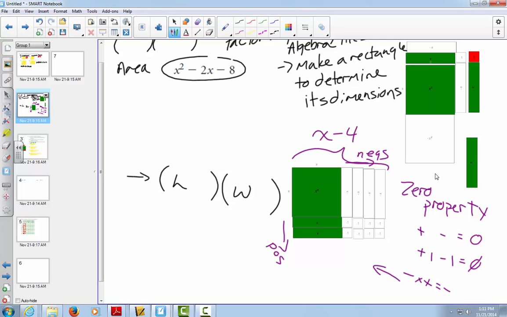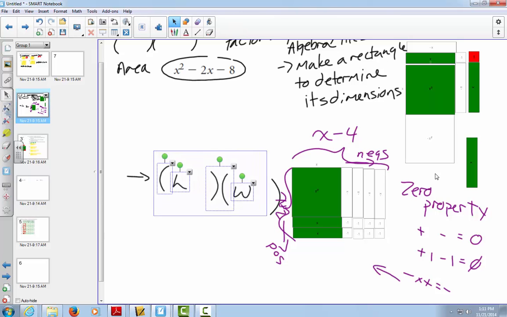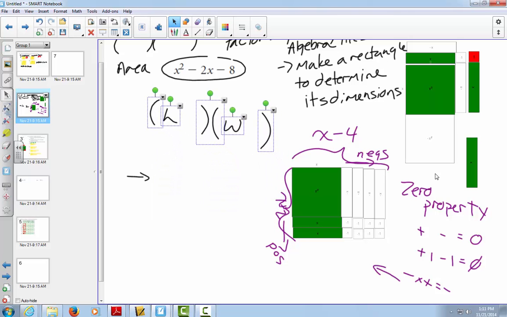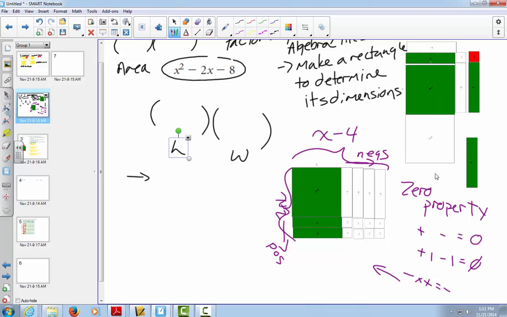And we go this way, and we have x plus 2. Sorry, it's getting a little messy. So I'm going to move all of this up. I'll move the width out, move the length out. I'm going to replace that with x minus 4, then x plus 2.